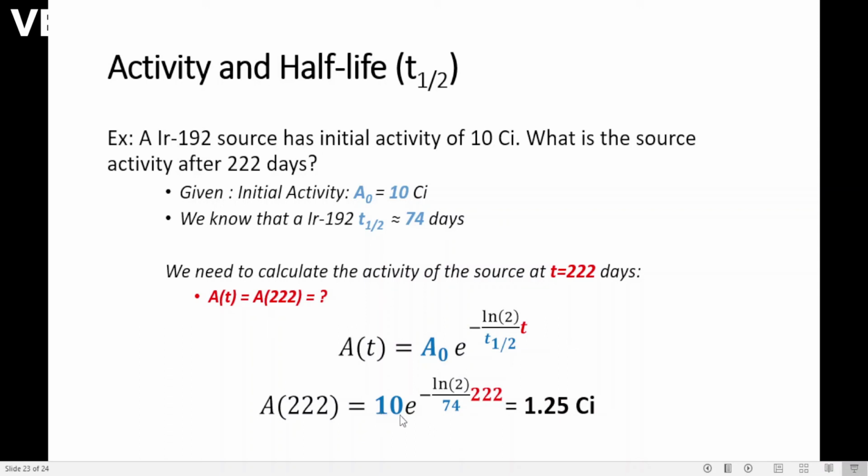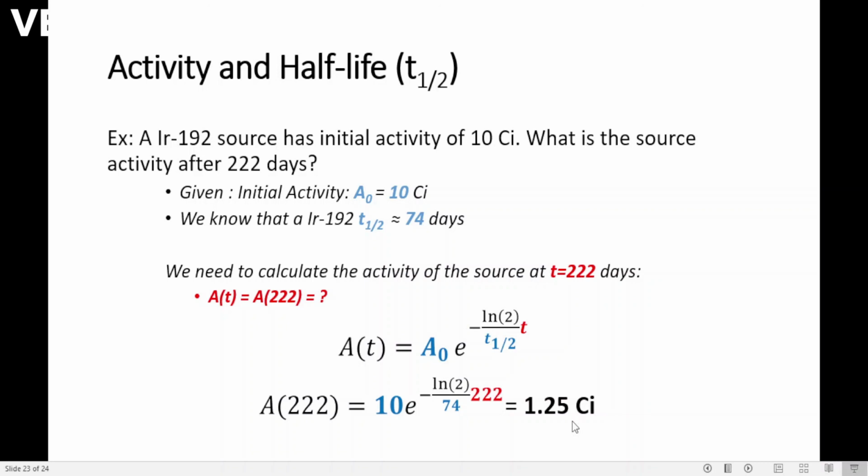So it will be 10 times e to the negative ln of 2 times 222 days divided by 74 days. That equals 1.25 Curie. So the activity of the source after 222 days is 1.25 Curie.